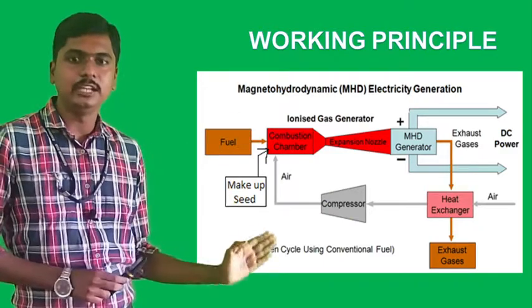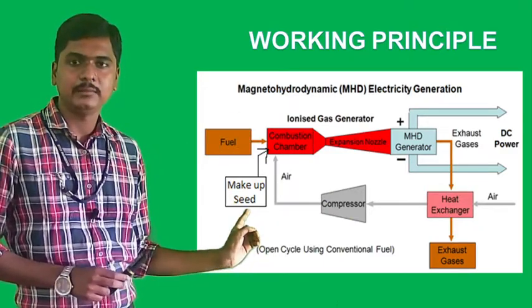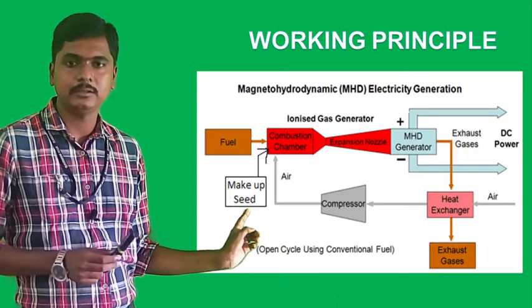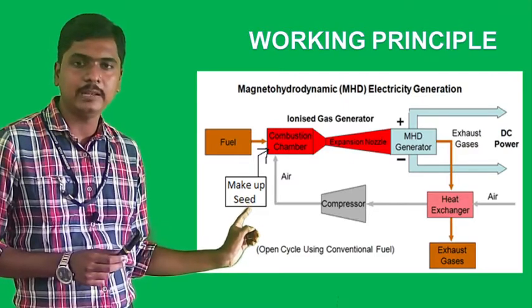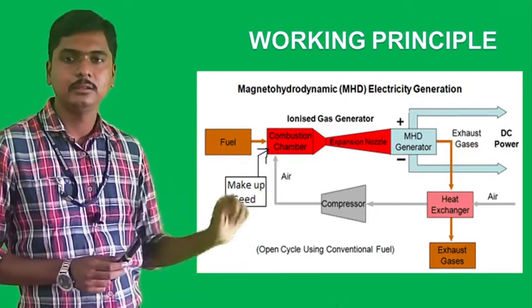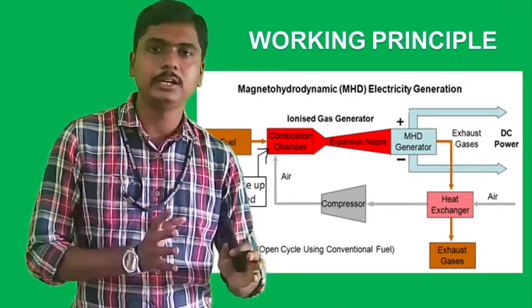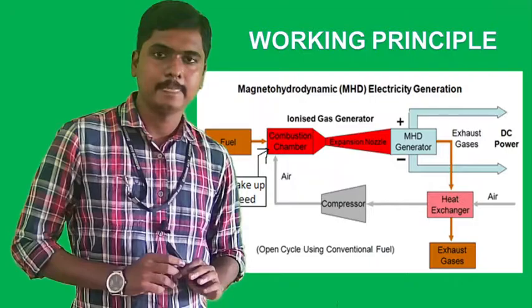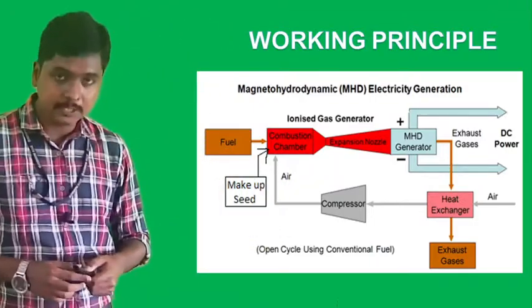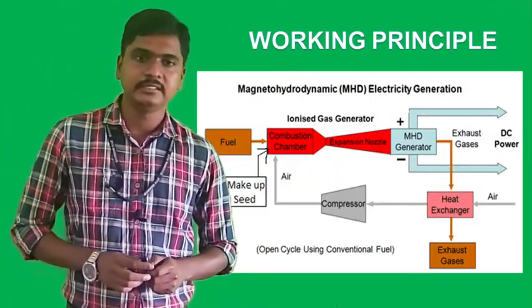Along with that, we need some seed material like potassium or cesium, so that it will help the gas to get ionized, so that it will be a conducting material. That is all about the working principle of the MHD generator.